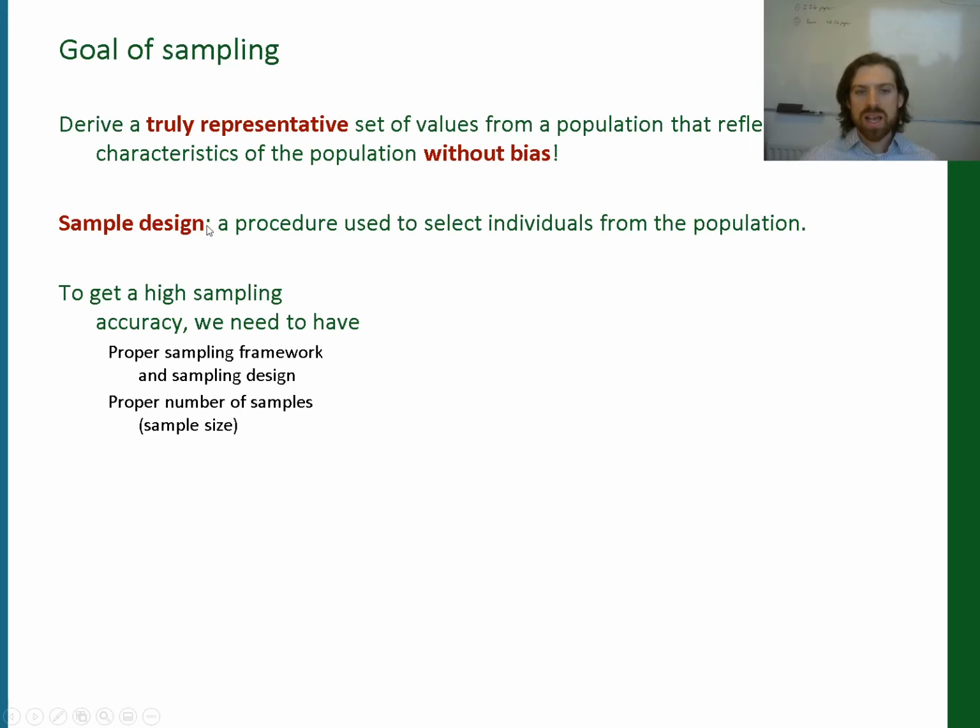And the sample design is basically a procedure used to select the individuals from the population, and we're going to go over this within this lecture. So to get a high sampling accuracy, we need to have a properly designed sampling framework. And then we need to have an appropriate number of samples to represent the total number of entities within the population.